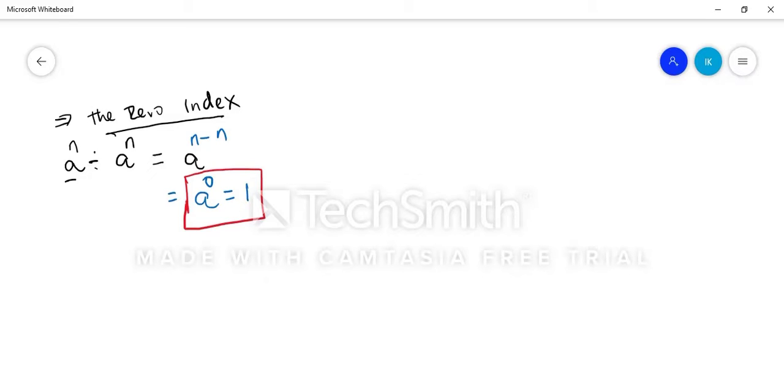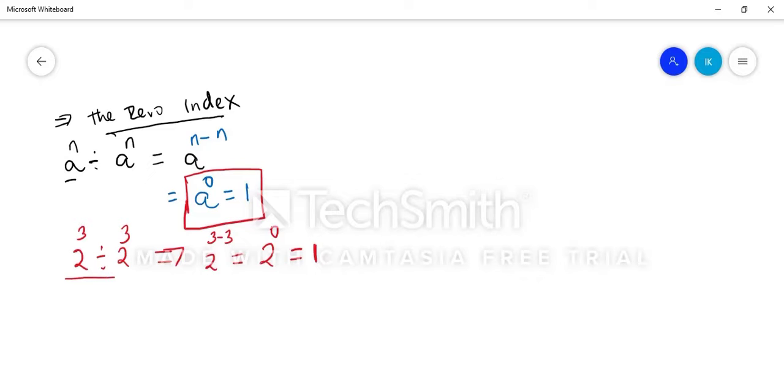So if, for example, we have again 2 to the power of 3 divided by 2 to the power of 3, that is equivalent to 2 to the power of 3 minus 3, which is equivalent to 2 to the power of 0, which is 1. Okay, so that's the rule.